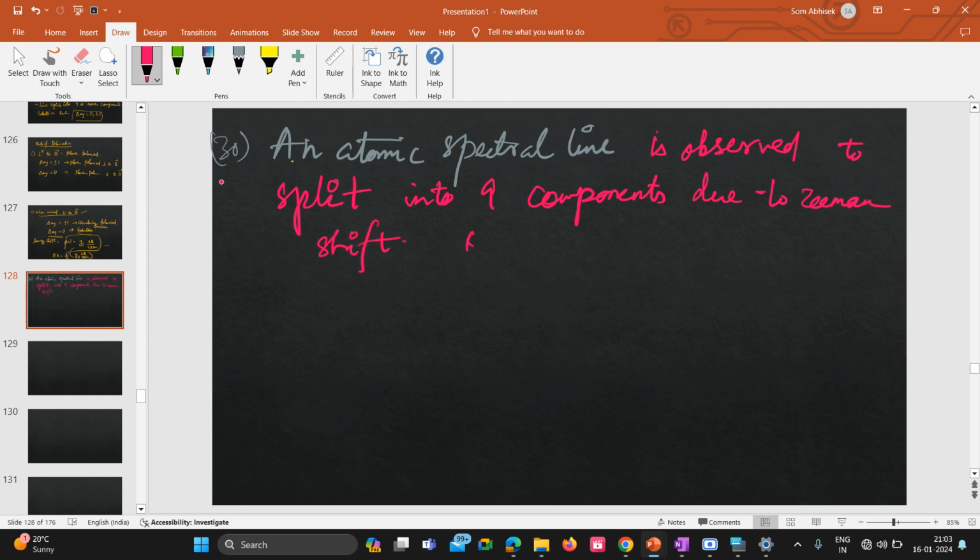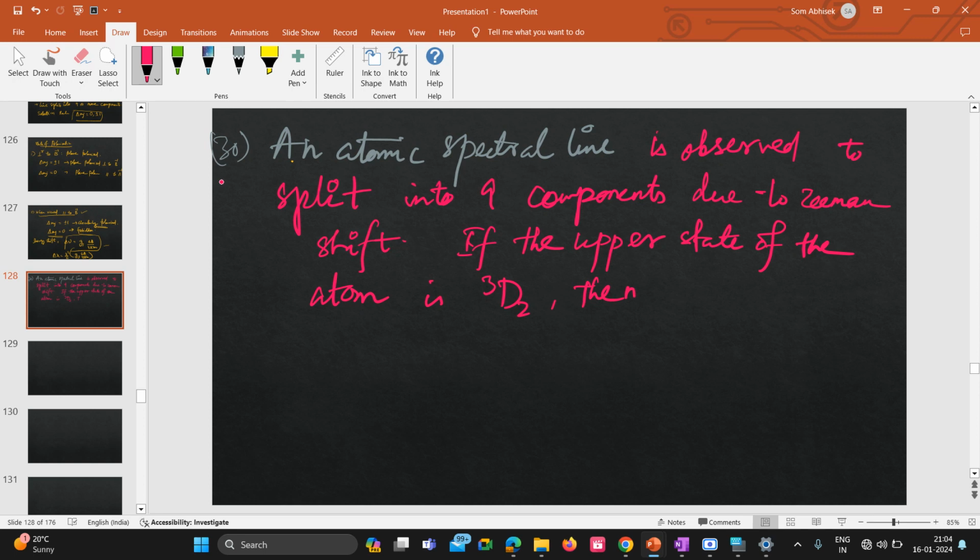Okay. If the upper state of the atom is 3d2, then the lower state will be?